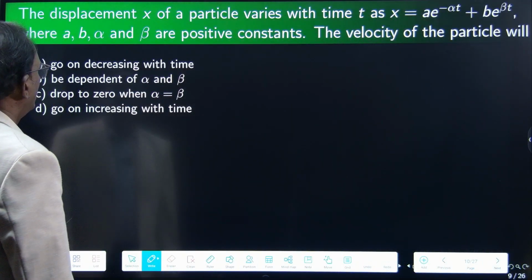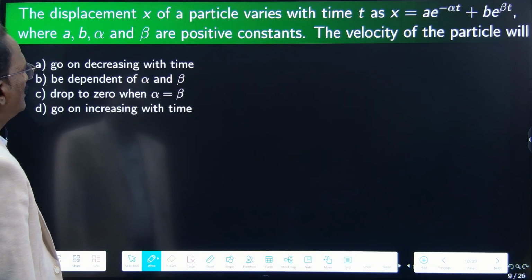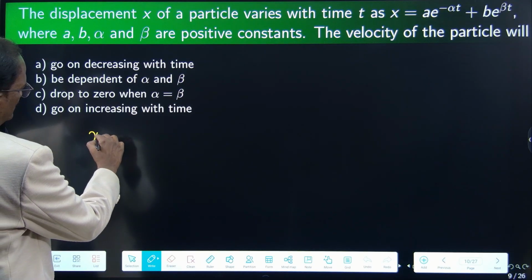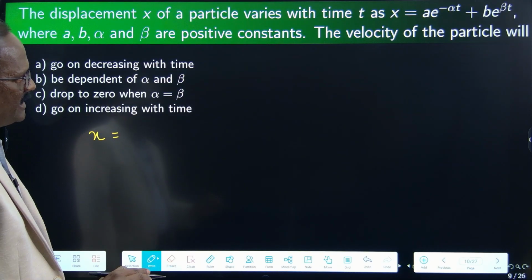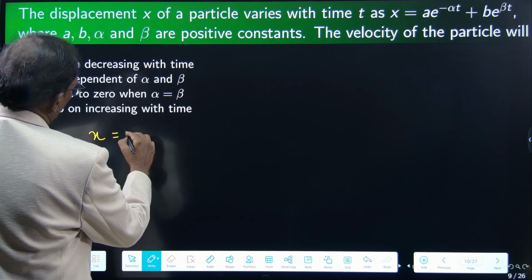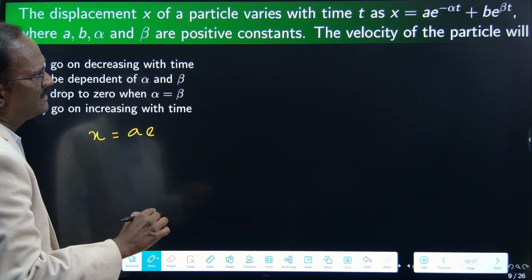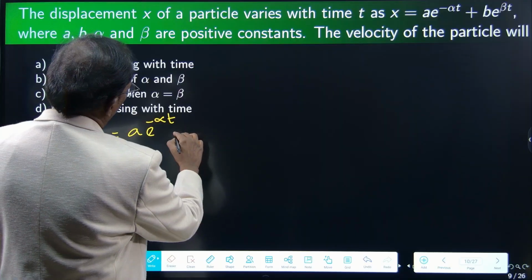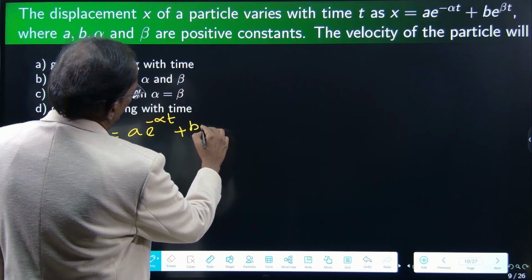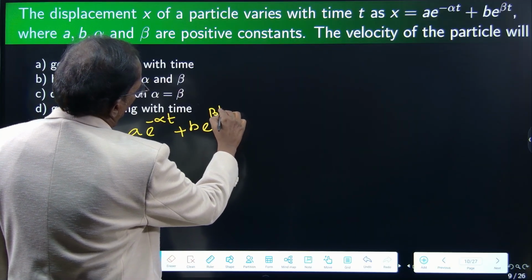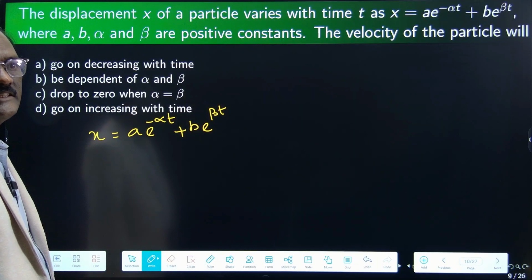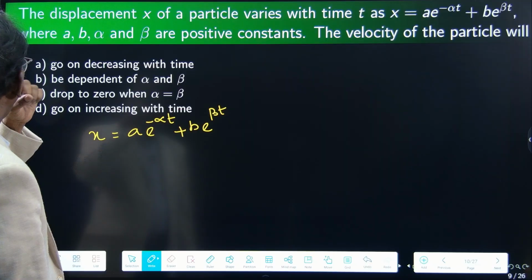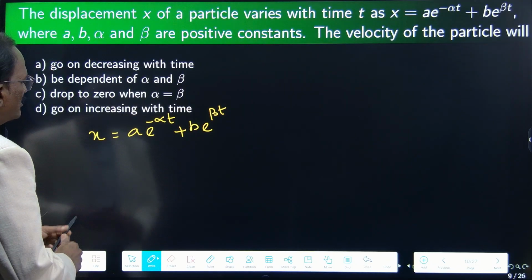Next problem. The displacement x of a particle varies with the time t as x is equal to a e power minus alpha t plus b e power beta t. Differentiation of exponential time you must remember for this problem, where a, b, alpha, beta are constants.